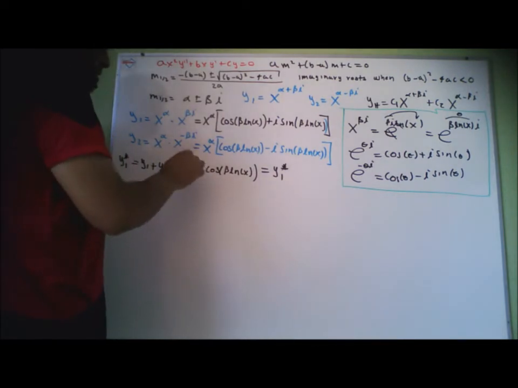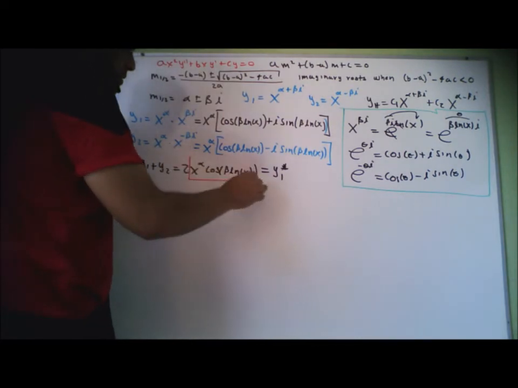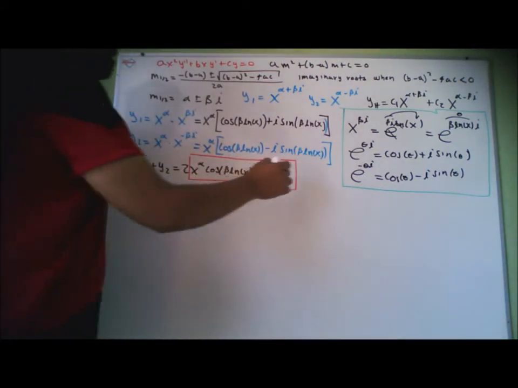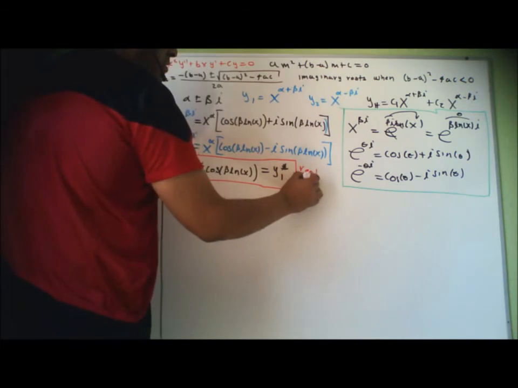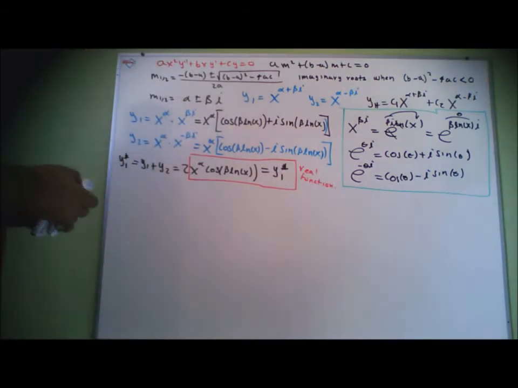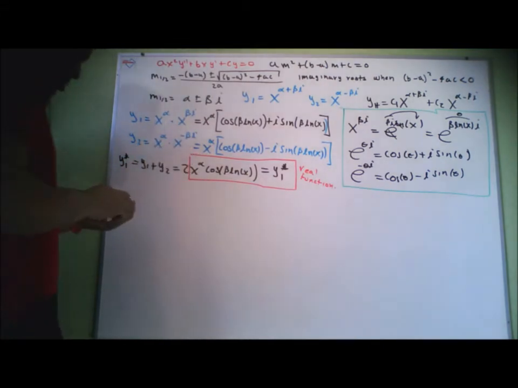Now, the important thing, the precious thing here, is that you don't have imaginary numbers. So I don't care about these two. What I care about is the function. Now, this is a real function. All right, so we get our first solution. Now, what about the other one?